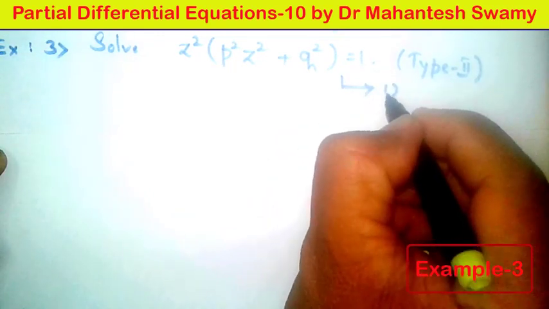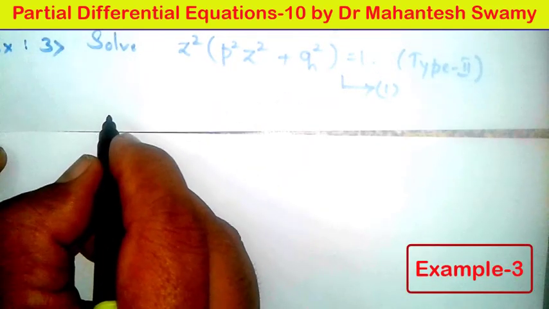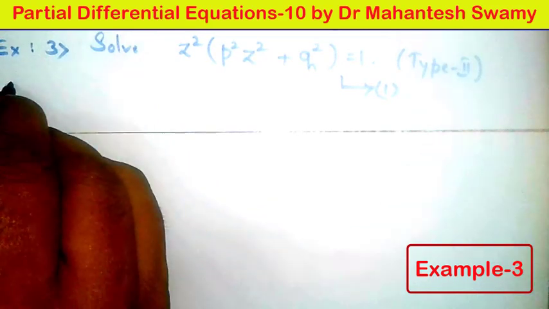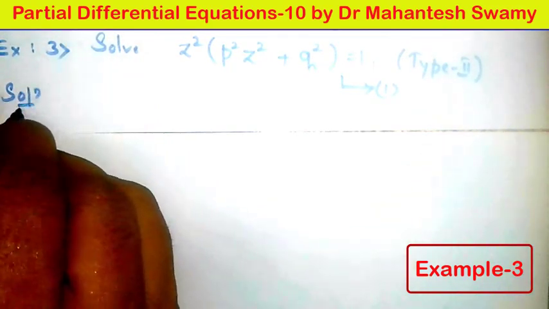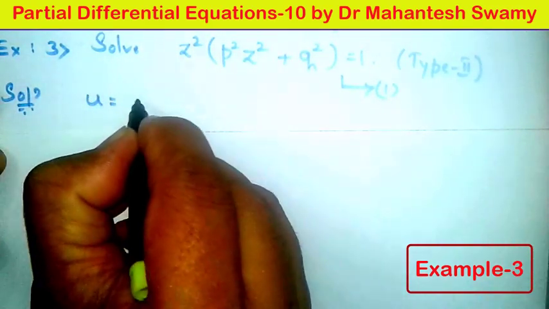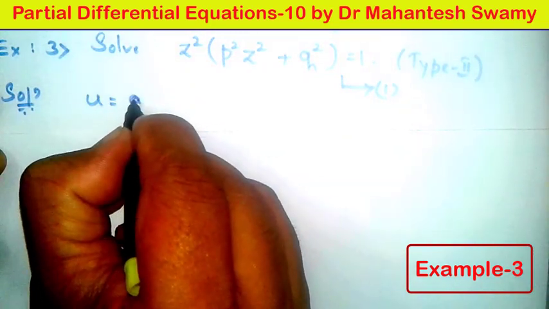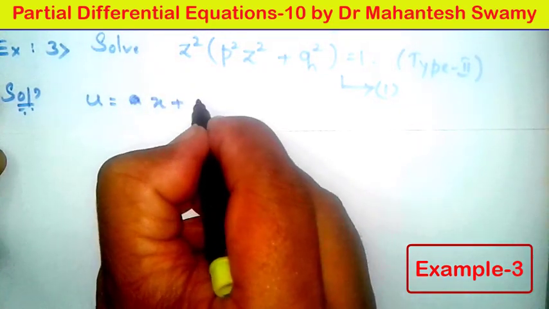Let us call this equation number 1, and as per the method of solution we have to make an important substitution, u equal to x plus ay.